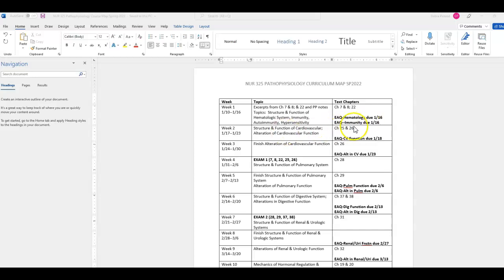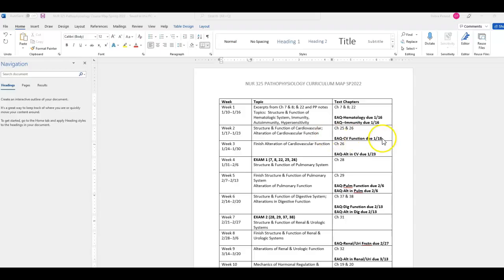And what I did was I gave you a couple more days to do the EAQ on cardiovascular function. I made it due on the 18th, which is a Tuesday night at midnight, because I'll be talking about cardiovascular structure and function during lecture on the 19th.